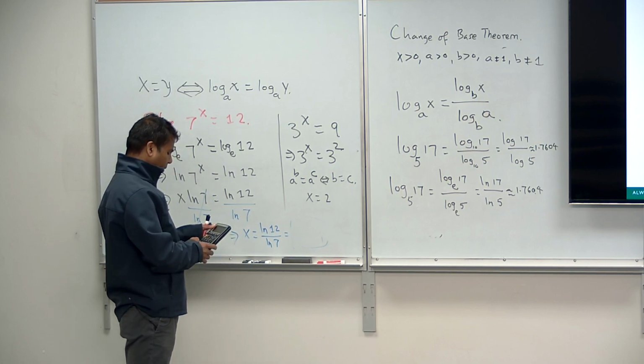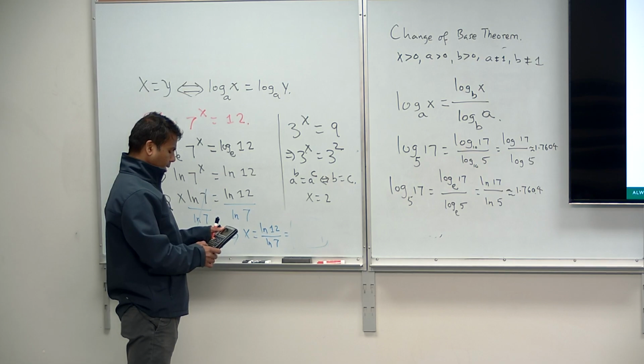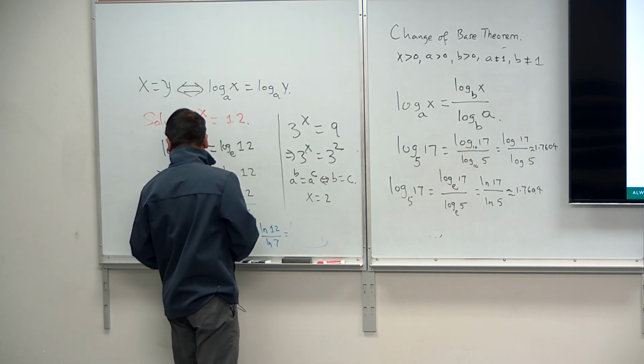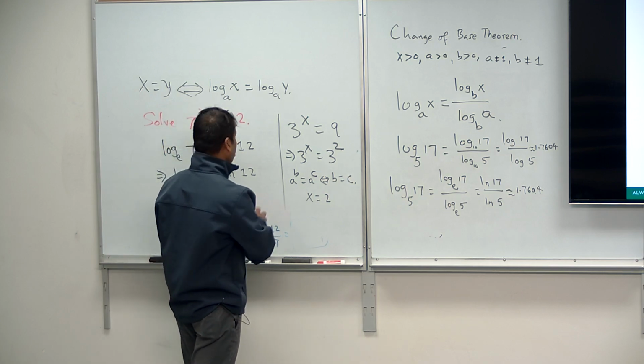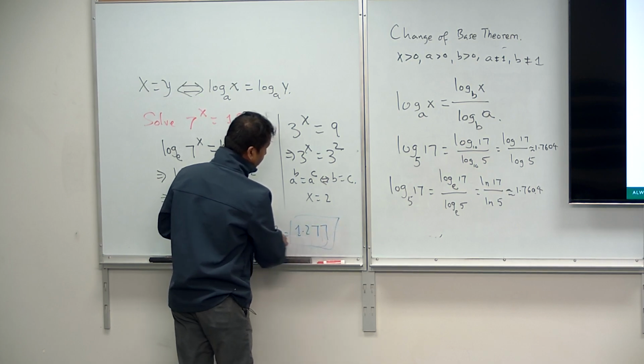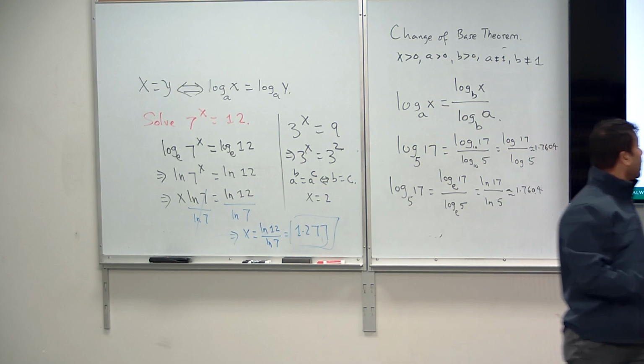So if you do ln 12 divided by ln 7, that will give you 1.277. Okay? Did you get it?